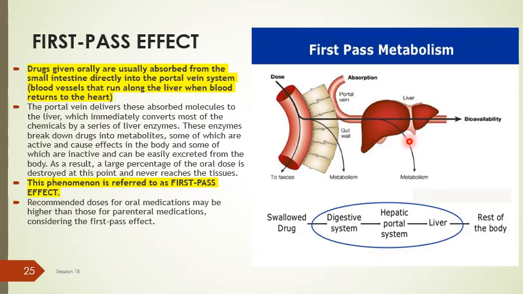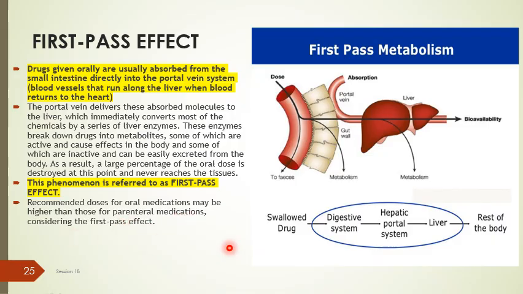These enzymes break down the drugs into what we call metabolites. Then the metabolites cause effects in the body, and some which are inactive will be excreted from the body. As a result, a large percentage of the oral dose is destroyed at this point and never reaches the tissue. This is called the first pass effect. The recommended doses for oral medications may be higher than those for parenteral medications, considering this first pass effect.